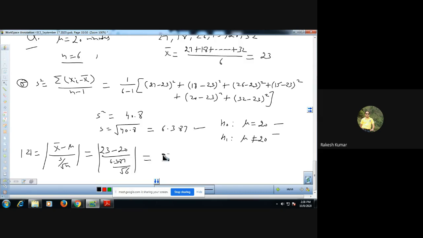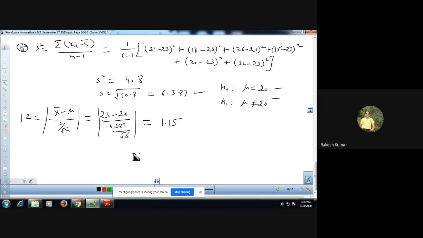Now you can calculate the value, and it comes out to be 1.15. Now this is the calculated value of test statistic Z, and clearly the value of Z, 1.15, is less than 1.96, the table value of test statistic Z at 5% level of significance.